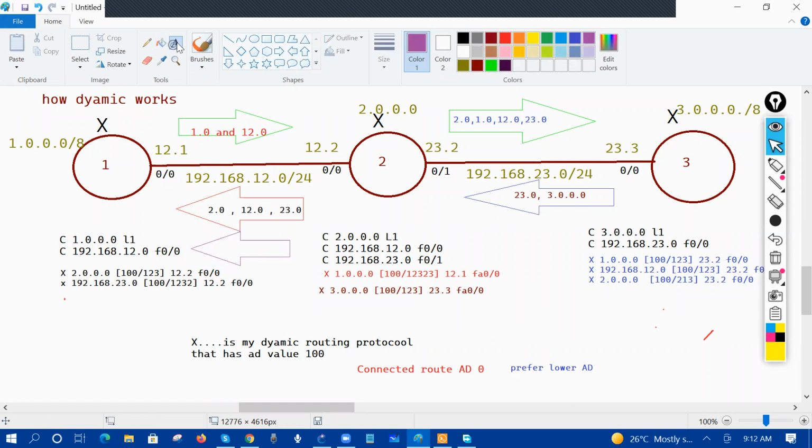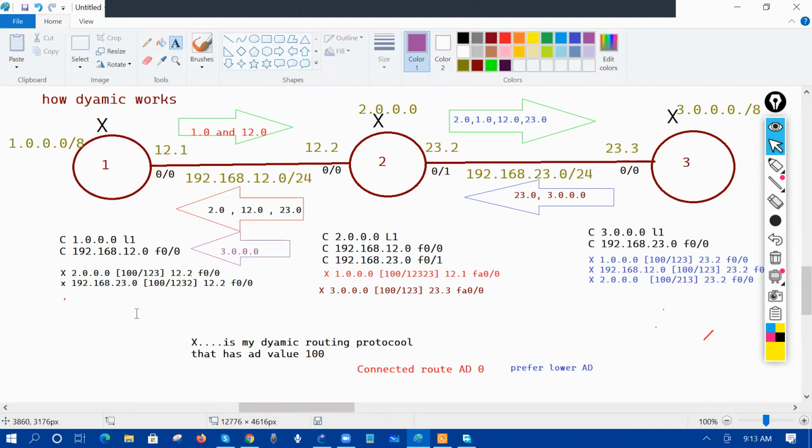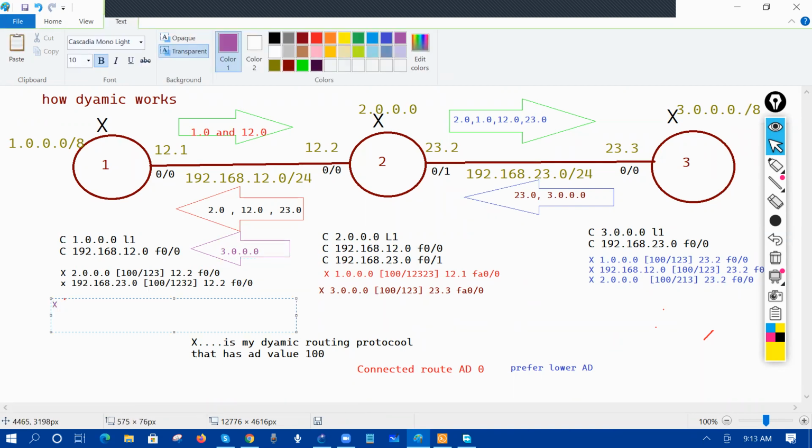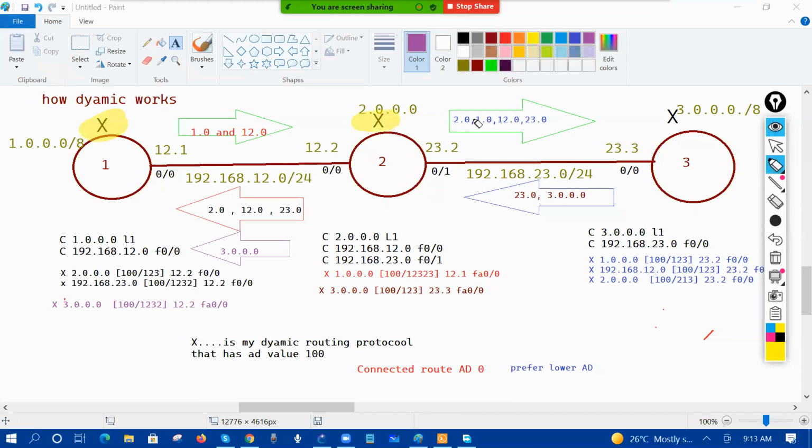Hey R1, I have something for you. Which one? 3.0.0.0. And now R1 will add this information in the routing table: hey, 3.0.0.0 is coming via R2. And now all these routers are going to learn the routes just by enabling the protocol.